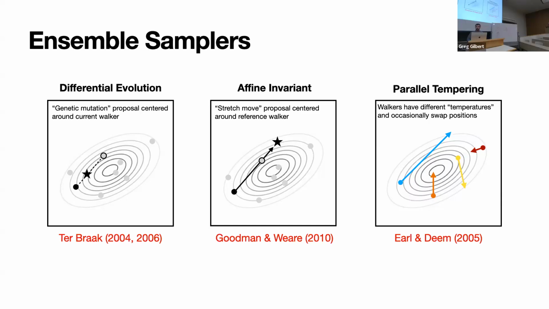Okay, so yeah. Sorry, no need to apologize. Could you clarify more about the differential evolution? Is it just that the current walker is considering the distances from previous walkers? Or am I misunderstanding what it's doing?